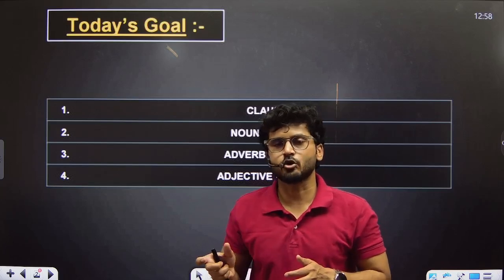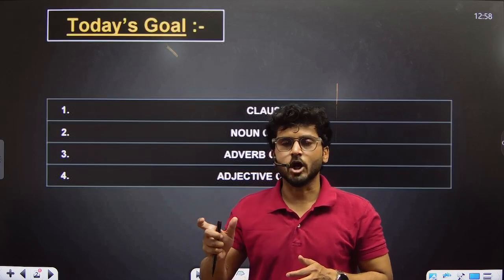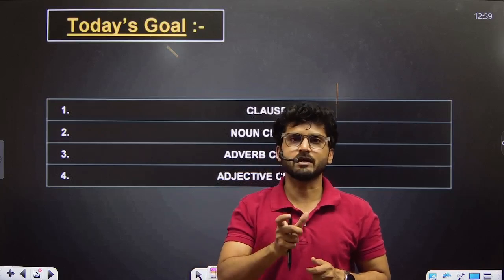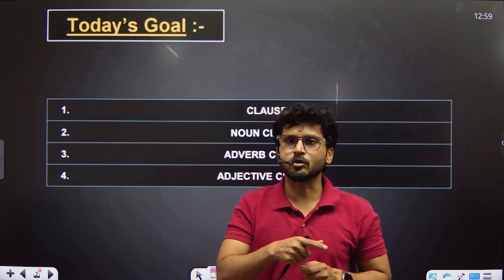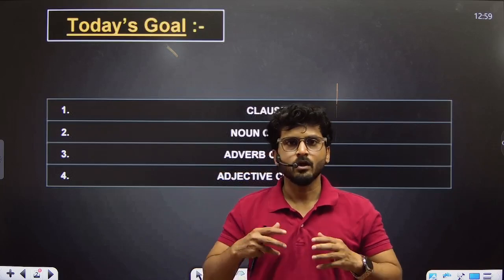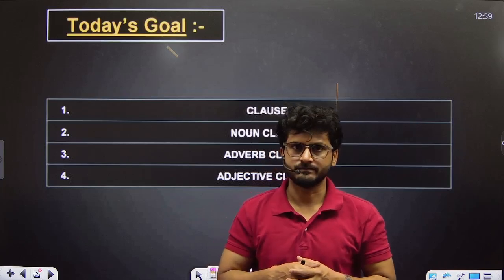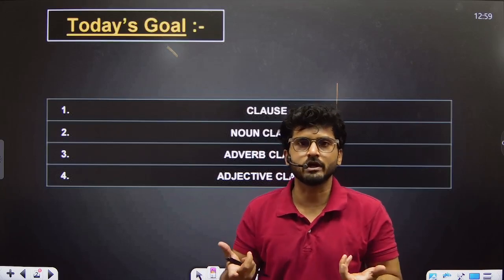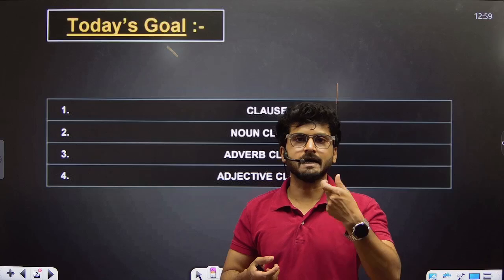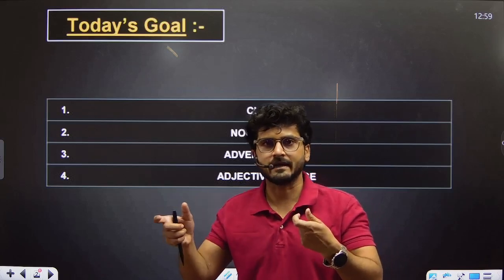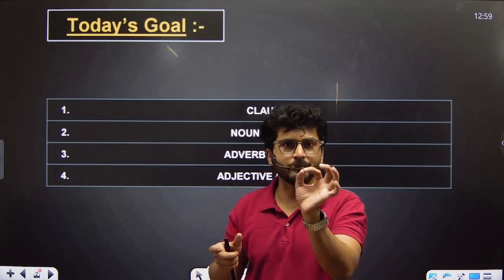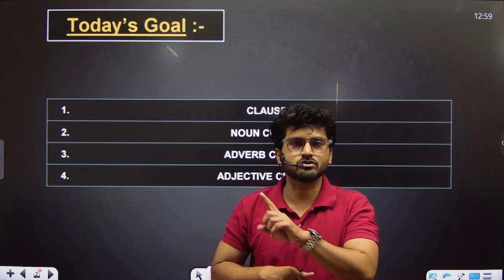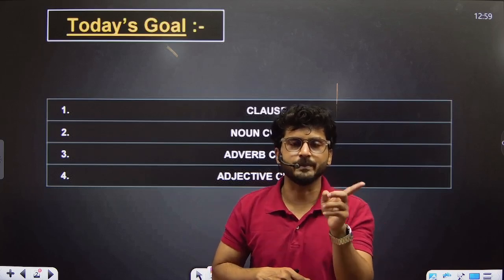The subordinate or dependent clause, in order to convey its meaning, requires an independent clause or main clause. If I say "whatever I can", you are not getting a complete sense of what I am talking about. But if I say "I earn whatever I can", "I earn" is your main clause and "whatever I can" is your subordinate clause, dependent upon the main clause.